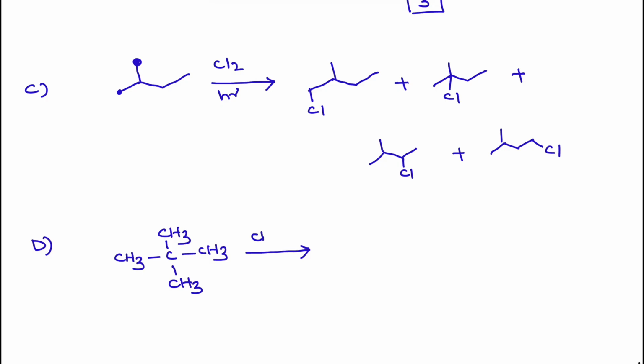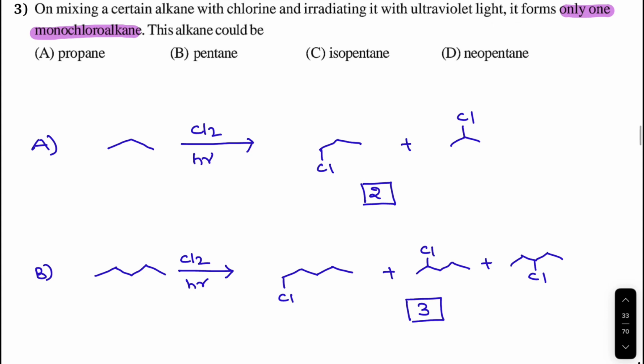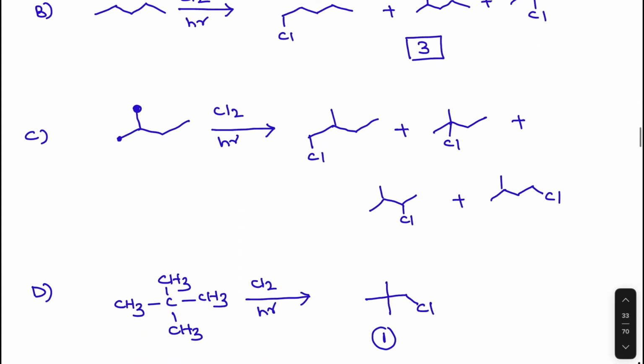When this is subjected to monochlorination, these 4 methyl groups are identical. You do chlorination anywhere, the result is the same. Only one product, there is no chiral center, so only one product is produced. The question also says the same thing, only one monochloroalkane, so the answer must be D.